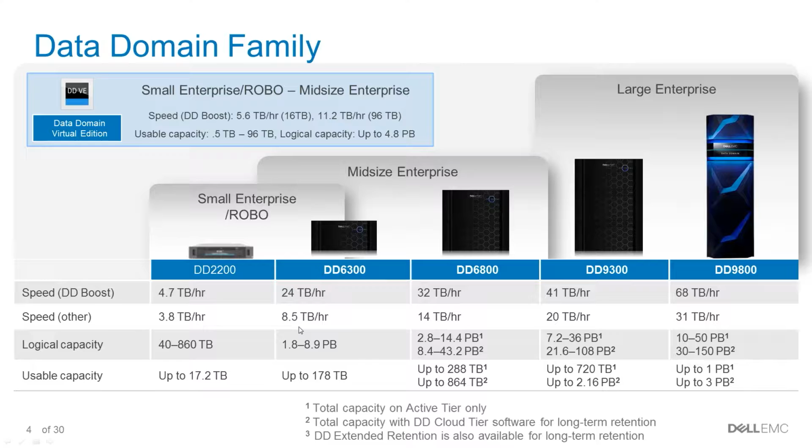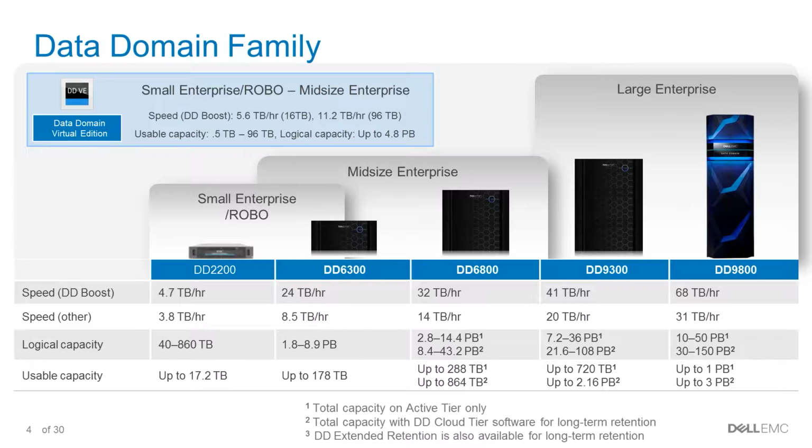But you can see the scalability and the speed on the newer systems is, I would say, even ludicrous. I like to point out this number right here on the bottom, on the 9800, up to 3 petabytes of storage when you use Cloud Tier. Effectively, Cloud Tier essentially doubles the capacity that's on the appliance itself.